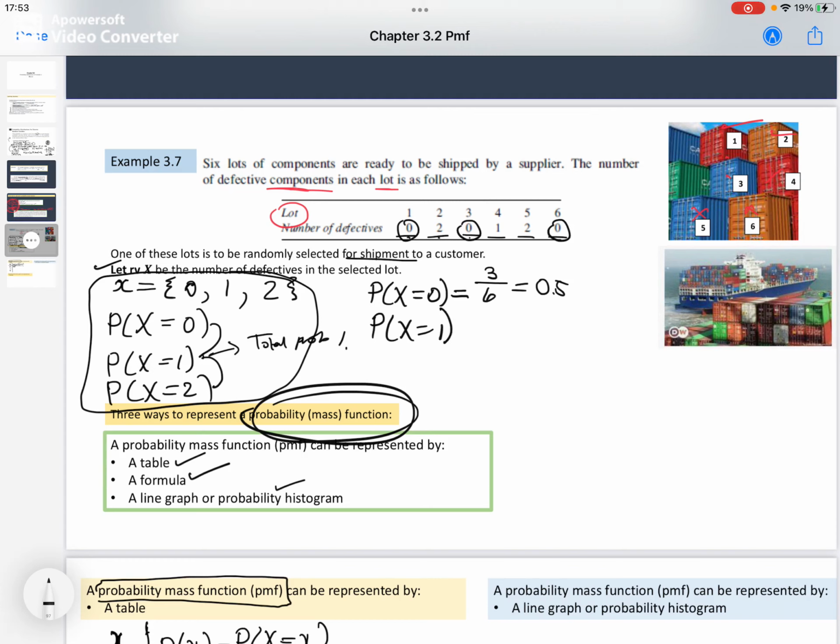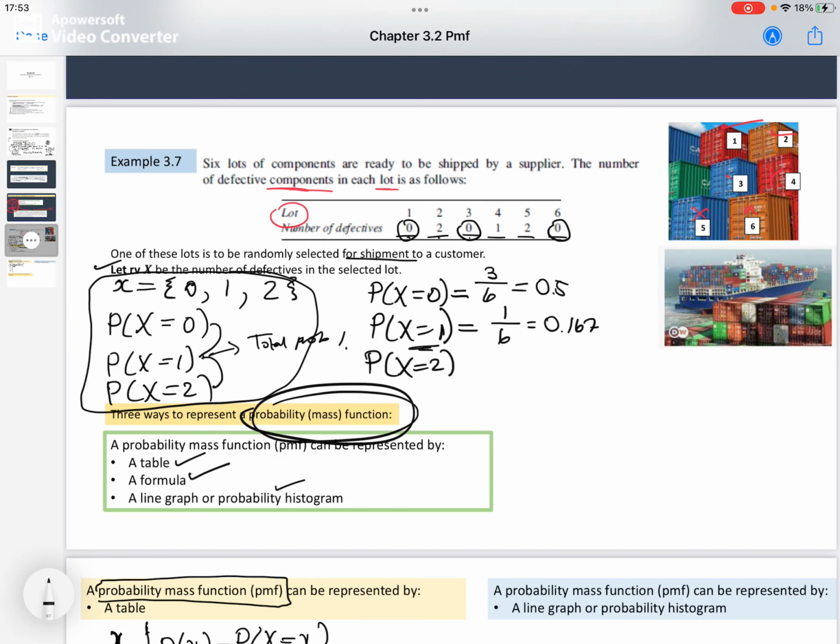Now the probability that x is equal to 1, what is the probability of observing only 1 defective in a randomly selected container? We see that 1 appears how many times? Once out of 6 containers. That is approximately 0.167.